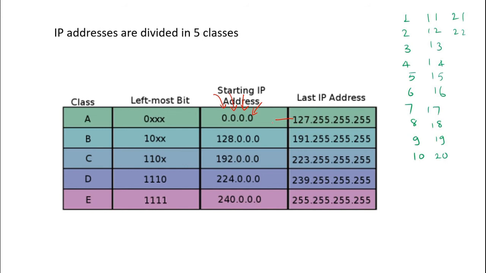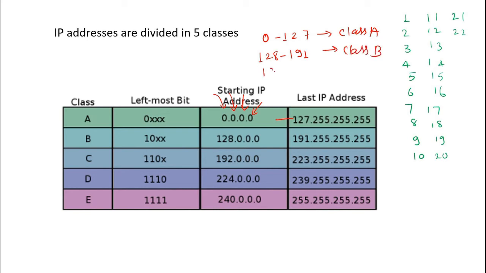From the first octet itself, we can identify which class an IP address belongs to. If the first octet is from 0 to 127, it is a Class A IP. If the first octet is from 128 to 191, it is a Class B IP.